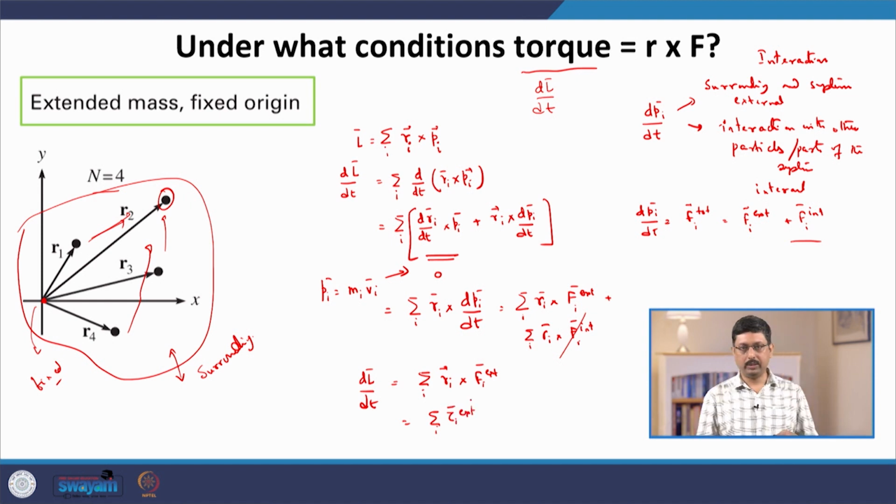So, if we take an object like this, what I showed is that if you sum over all the forces, the torque due to all the internal forces will be 0. So, the only forces that matter are the forces that are coming from the surrounding. And if you recall the examples that we did, when we talked about the torque on an object, it was always the torque coming from the surrounding.